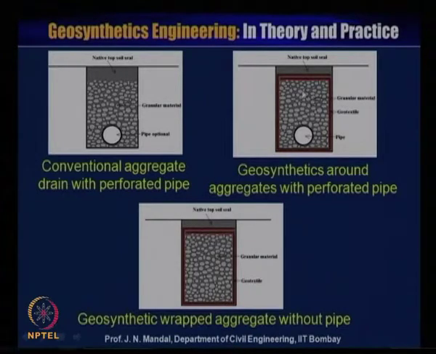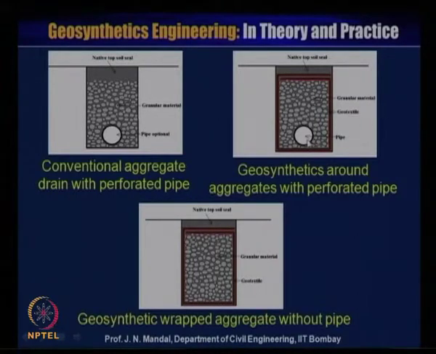Therefore, it is preferable that you provide geosynthetics, this red color geosynthetics, around the aggregate with perforated pipe. That is optional. You can provide a perforated pipe or it is not necessary to provide the perforated pipe. Here, geosynthetics around aggregate with perforated pipe, and here, geosynthetics wrapped around aggregate without pipe.